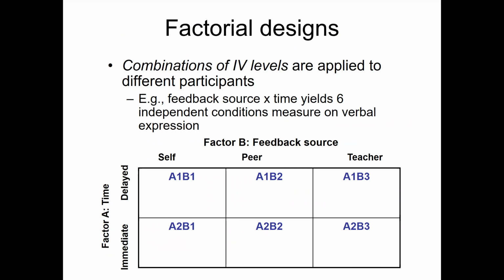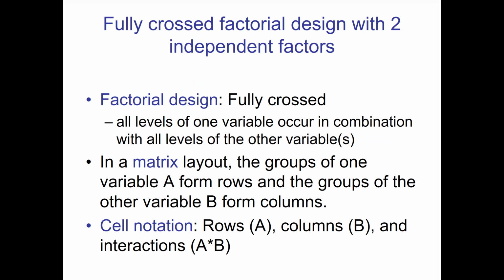So for instance, in this case, you don't have anyone who is getting teacher feedback, but only in the immediate condition. There's no case where a cell is empty or does not occur in the analysis. And as I said, a fully balanced design is one in which the number of people in each cell is equal.